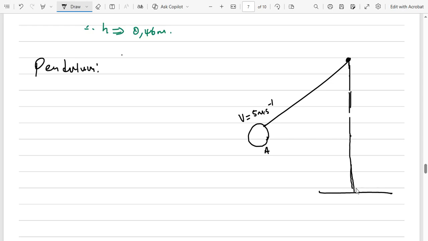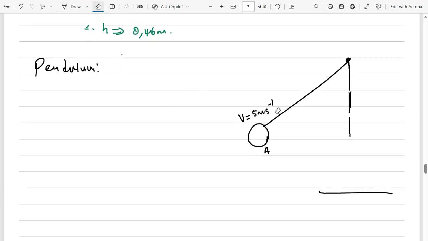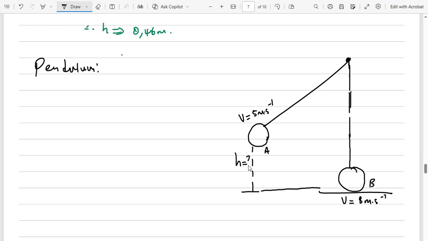So this will be the ball at B, and the velocity is equal to 8 meters per second, and this will be the height H, which is unknown.